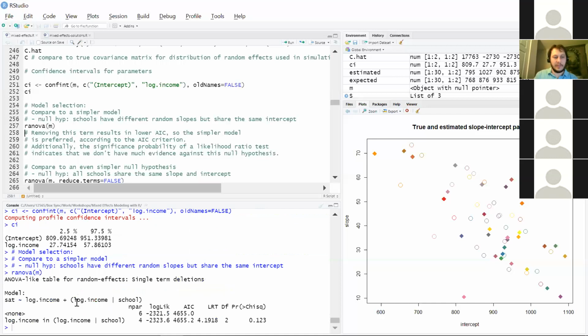RANOVA will say, what if I drop that? Actually, it doesn't go all the way. It's not saying what if they all have the same line. It's saying what if we drop the log income effect in this random effects term. So maybe they don't have different intercepts, but they do have their own random slope effects. Well, we can't really rule that out.